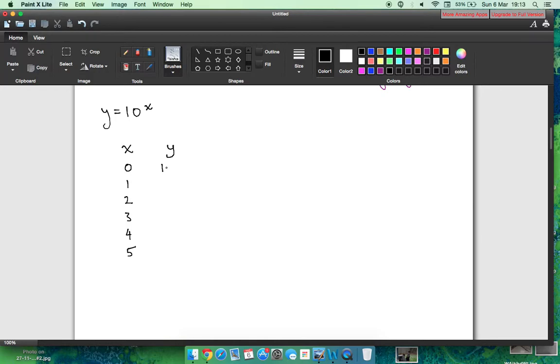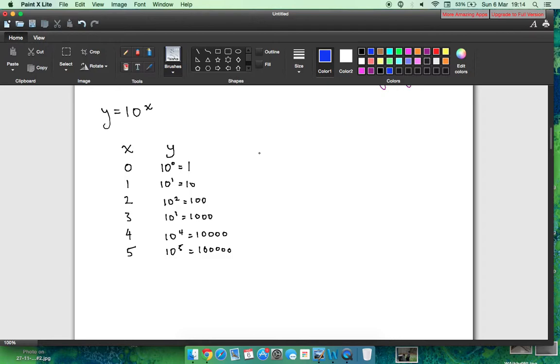So here we have 10 to the power of 0, which is 1, 10 to the power of 1, which is 10, 10 to the power of 2, which is 100, 10 to the power of 3, which is 1000, etc. 10,000, and finally 10 to the power of 5, 100,000.